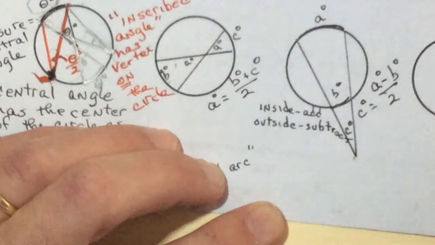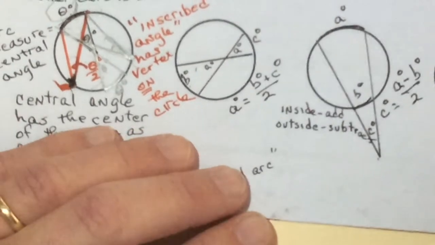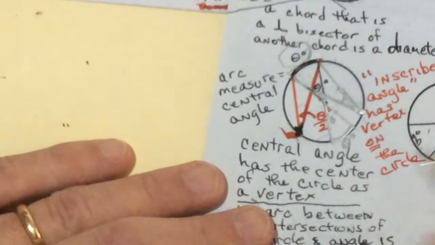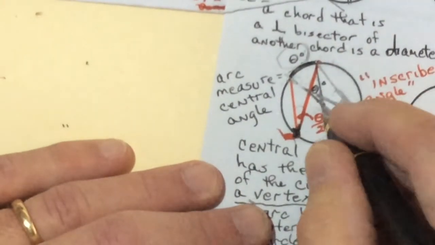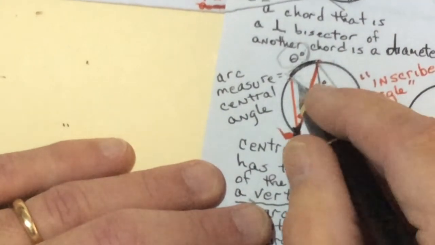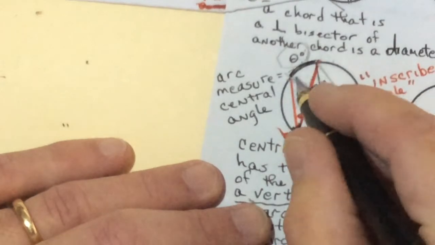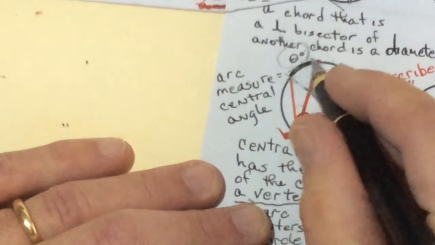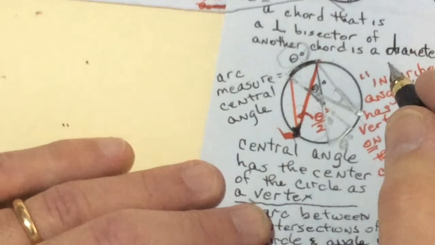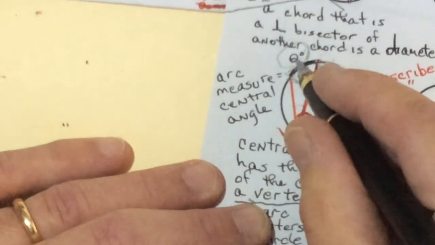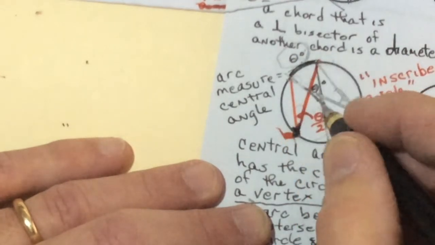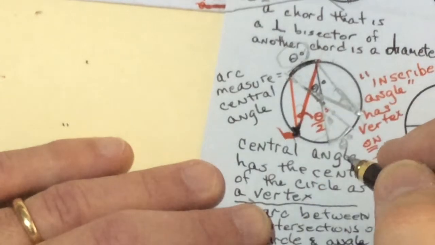So the one you were doing before this, what do you mean the inscribed angle intercepts the same arc? You mean way over here? Yeah. Okay. This is the central angle, right? And it creates this arc because that's where the angle and the circle intersect, right? This arc measure gets its measurement from this central angle.